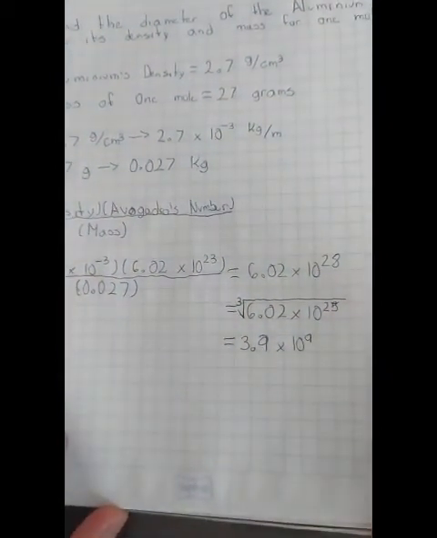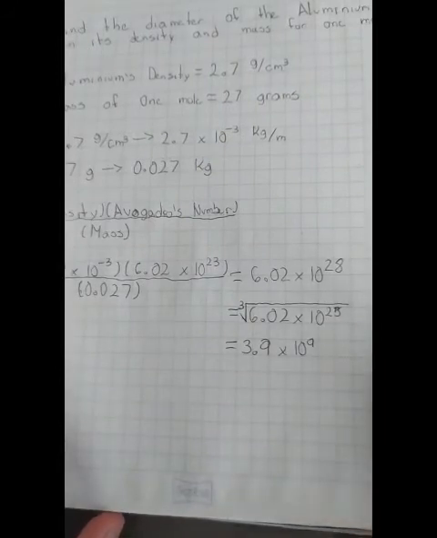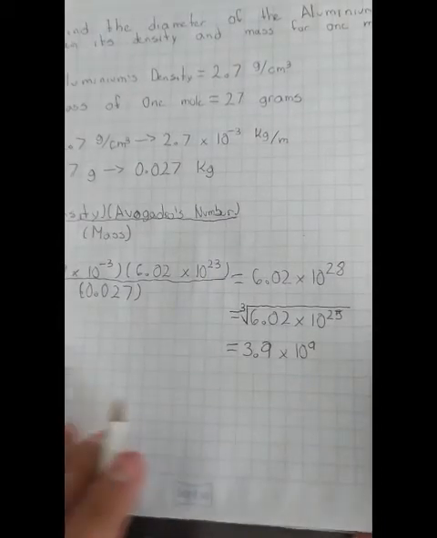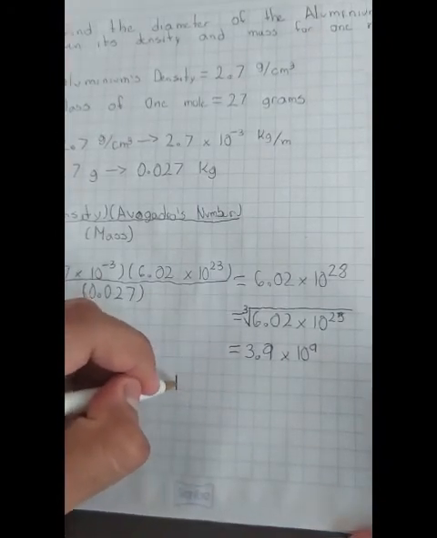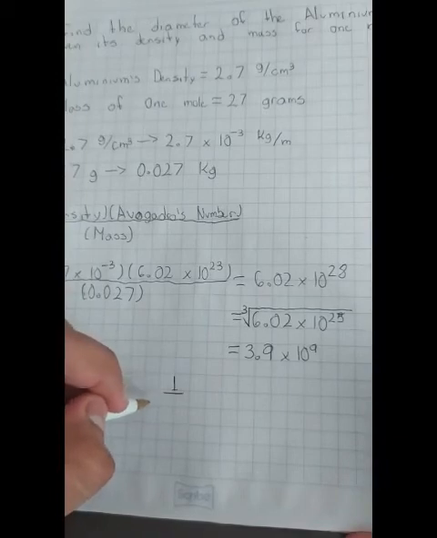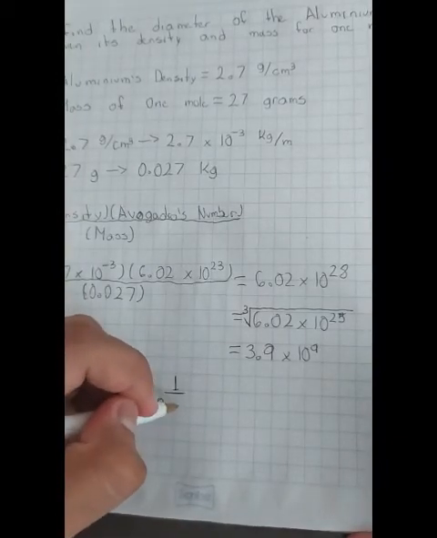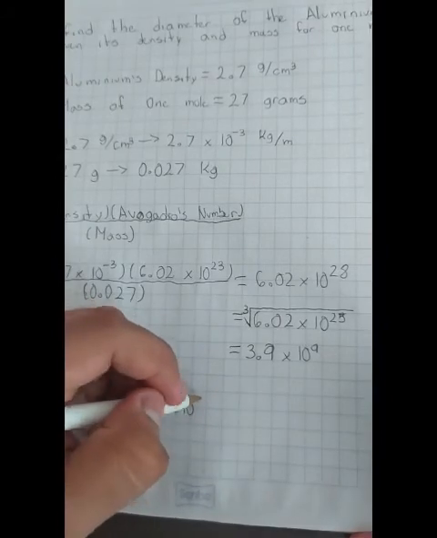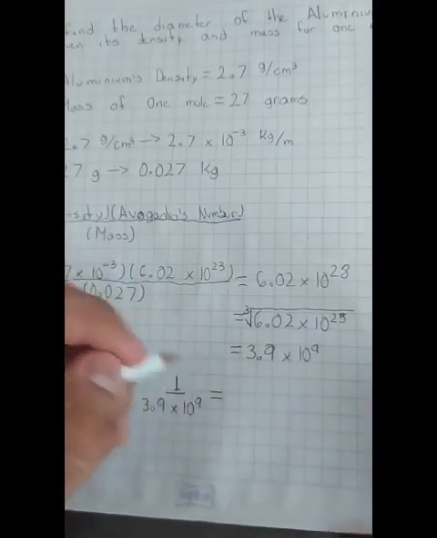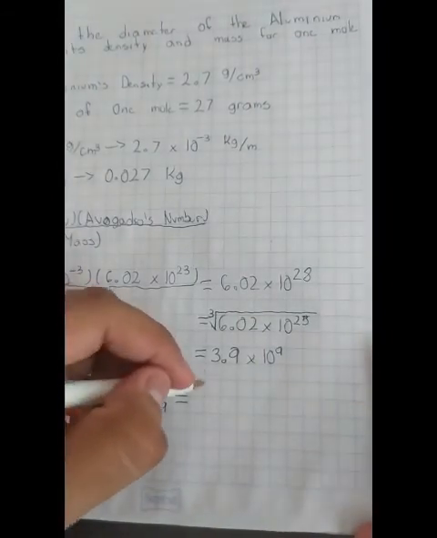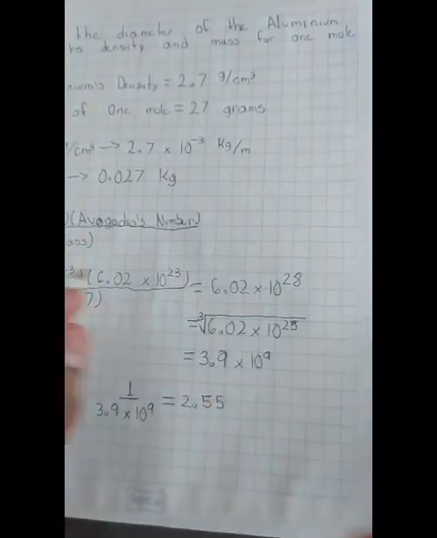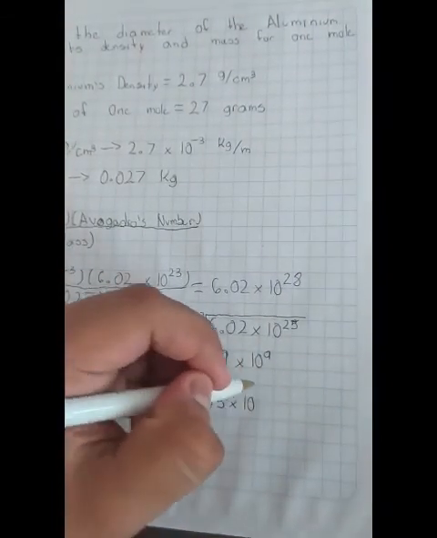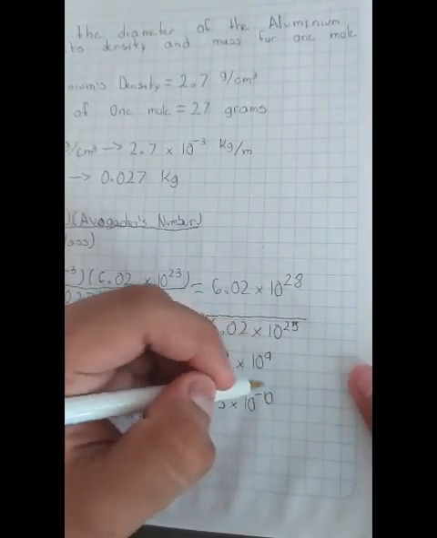And now we are going to divide 1, because we just have 1 mole of the aluminum, between this result, and it's going to be 1 between 3.9 times 10 to the 9, and it will be equal to 2.55 times 10 to the minus 10.